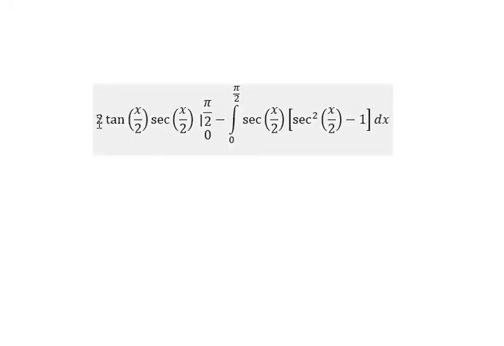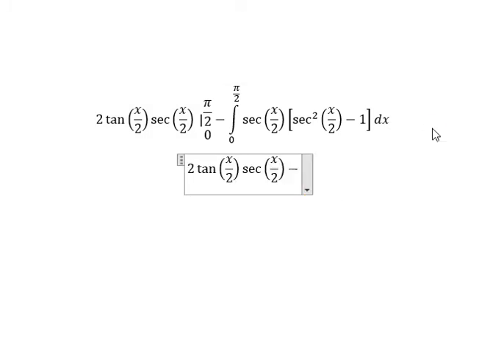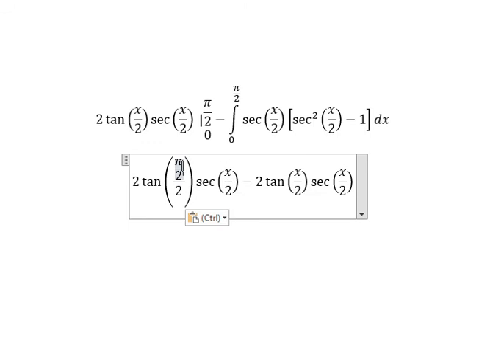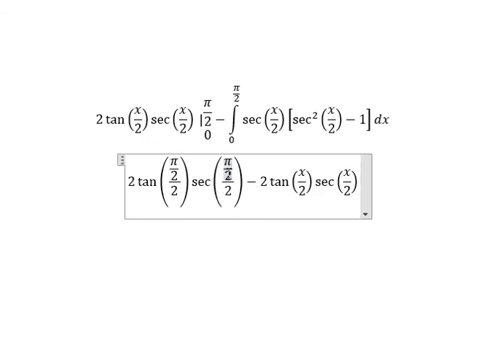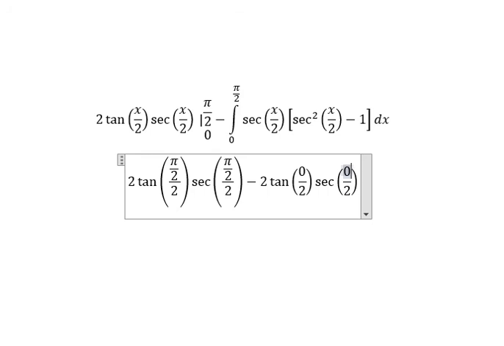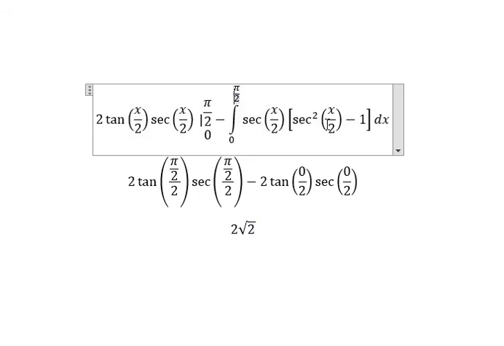So we need to calculate this one in here. This one we calculate that's about 2 multiplied by the square root of number 2. This one you got about 0.